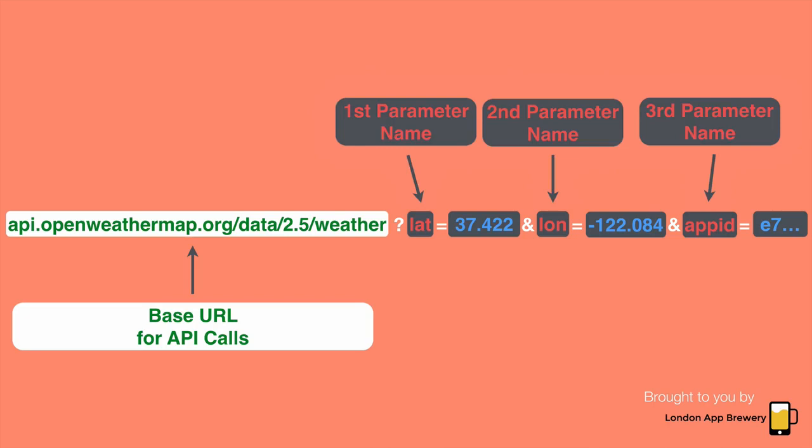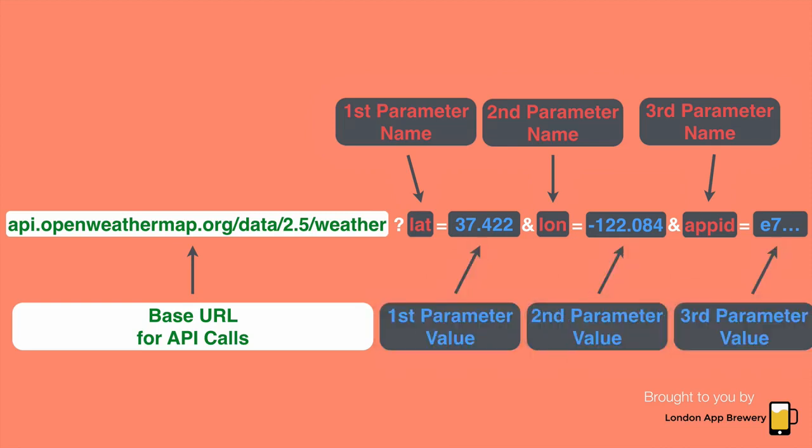Lat, lon, and app ID are the parameter names. The values for these parameters are 37, -122, and a long string of characters that represents the app ID. In the past, OpenWeatherMap did not require an app or an account ID to request weather data from their servers, but these days one has to sign up for a free account in order to get this app ID.